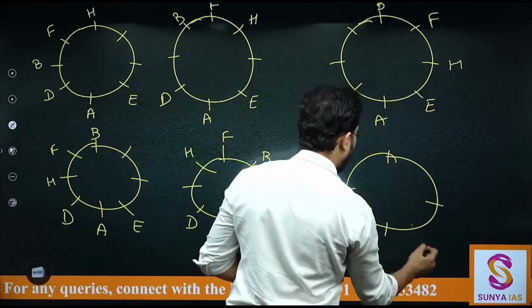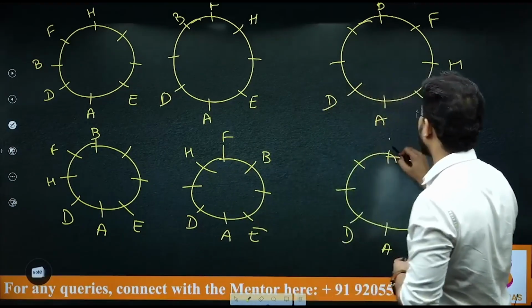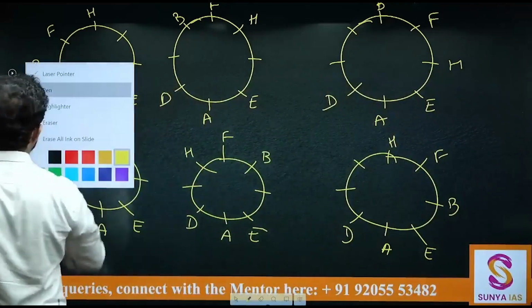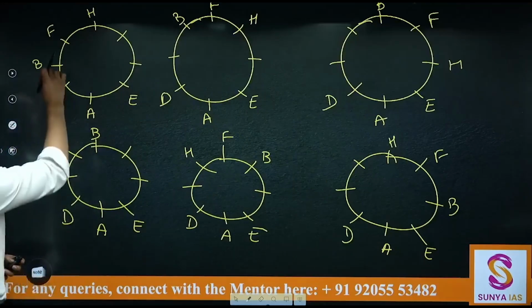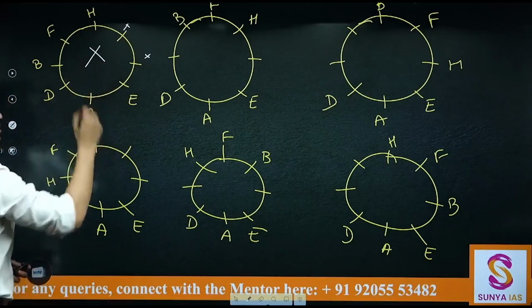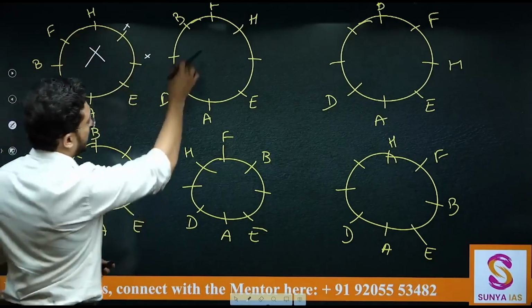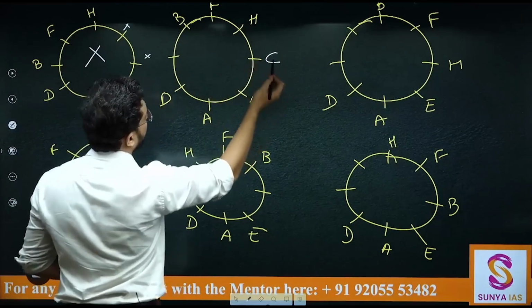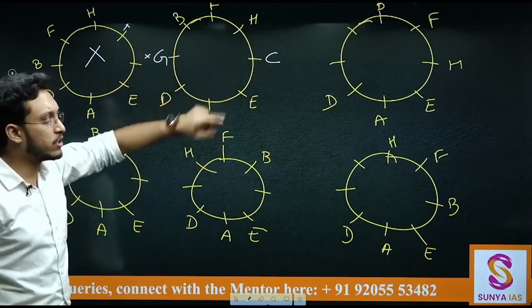Now understand why I told you in the beginning that if UPSC wants to make paper lengthy, they might increase the weightage of this topic because questions lengthy हो जाते हैं इसमें. अब it is specifically given that C is neither adjacent nor opposite to B. If it is not adjacent nor opposite to D and B, that means यहाँ पर दोनों जगह C नहीं आ सकता. तो this itself is wrong because I have no place for C here. This is incorrect. C is neither adjacent to B nor to D and nor is it opposite. That means C is supposed to be here. We are left with G. G यहाँ आएगा. So this is a valid case satisfying all the conditions given in the question.